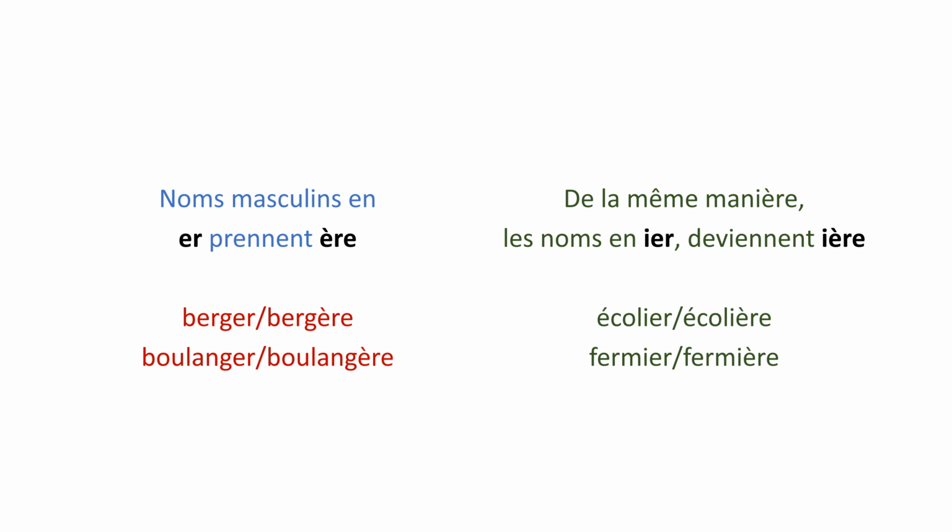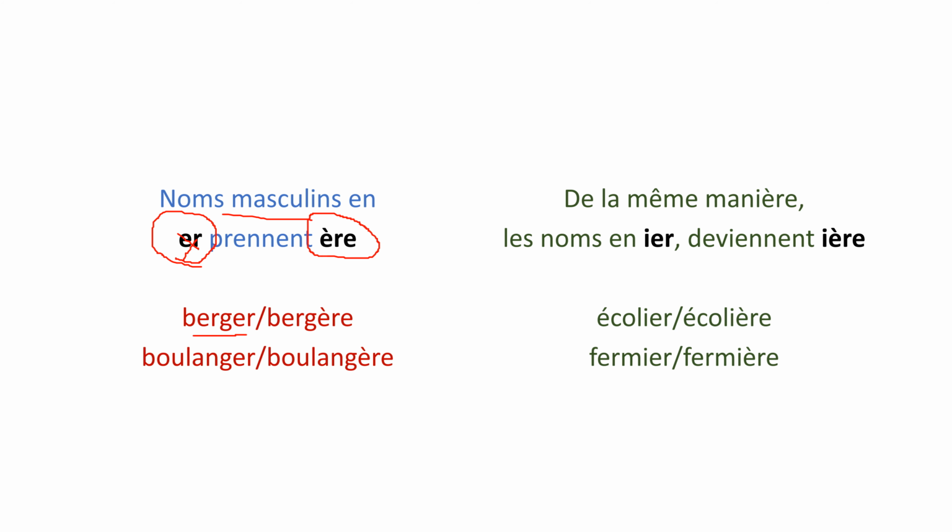Next, we look at masculine nouns that end in ER. They take their feminine form by adding E accent grave R E. So we eliminate the ER and we replace it by E accent grave RE.